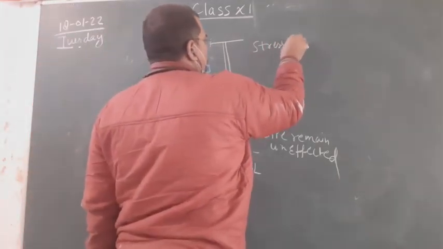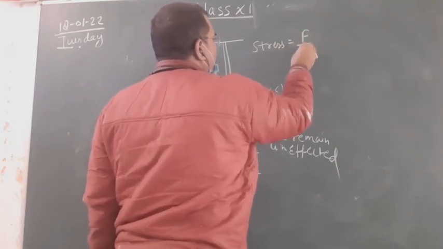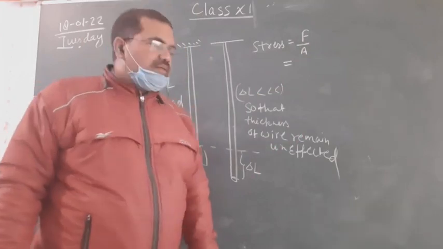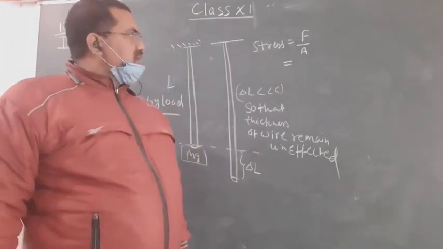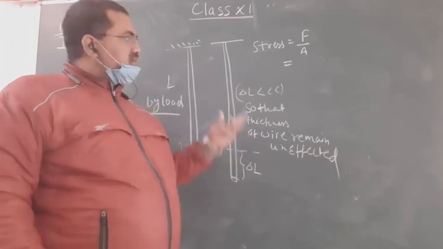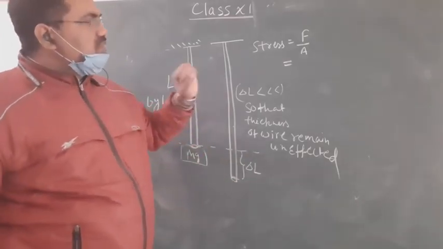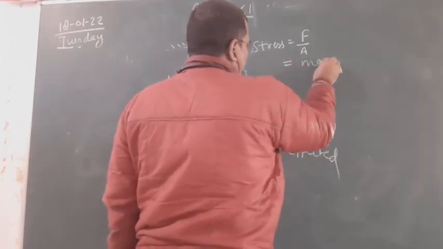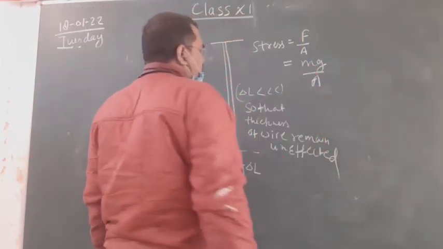As we know, stress equals restoring force per unit area, and it is equal to the deforming force also, as the change is done very slowly, so you can take the deforming force as the restoring force. So stress equals force upon area, where force equals mg.